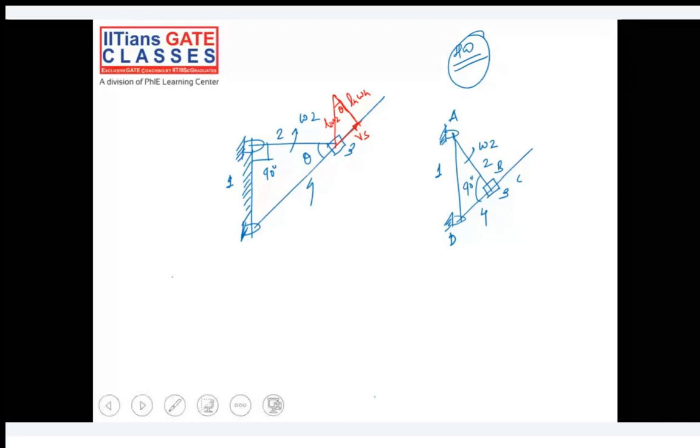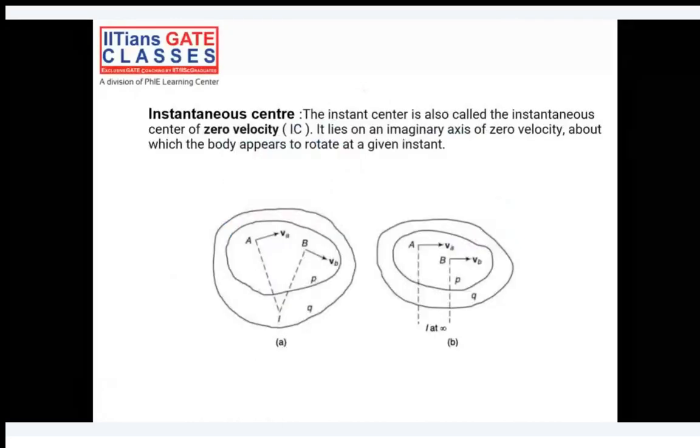Yeah, okay, then let's start a new point, instantaneous center. Okay, we have the instantaneous center method, which will also help us to calculate the velocities of the link. Okay, so you can use the velocity diagram method easily.